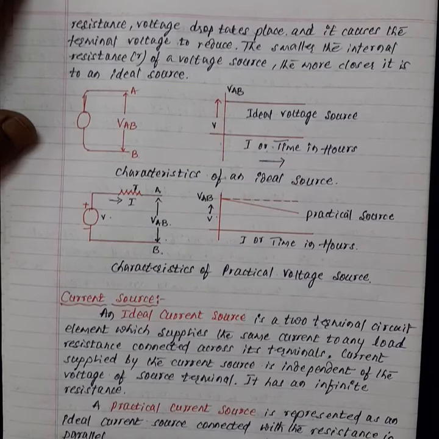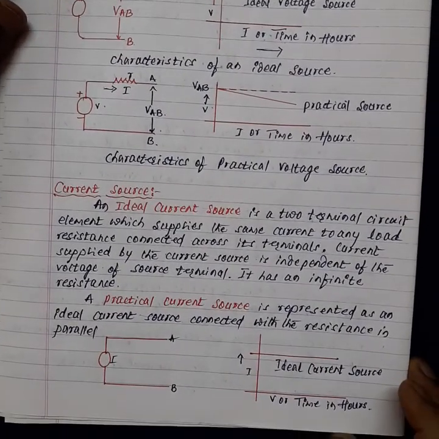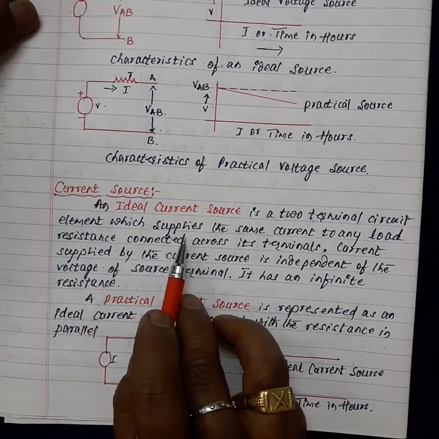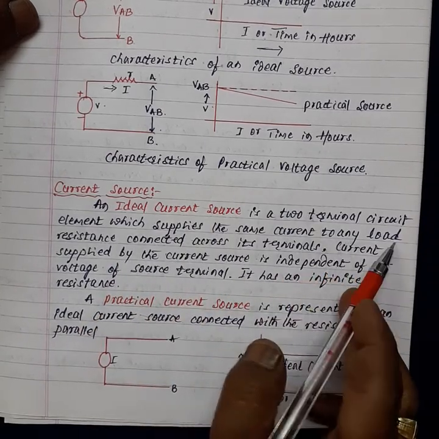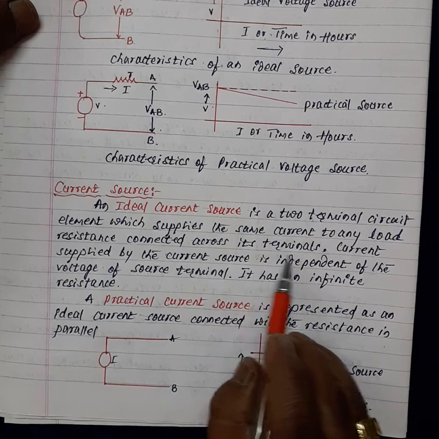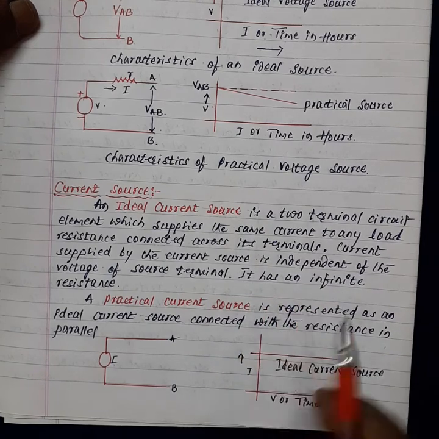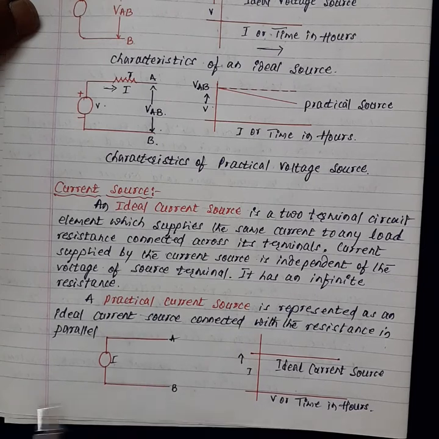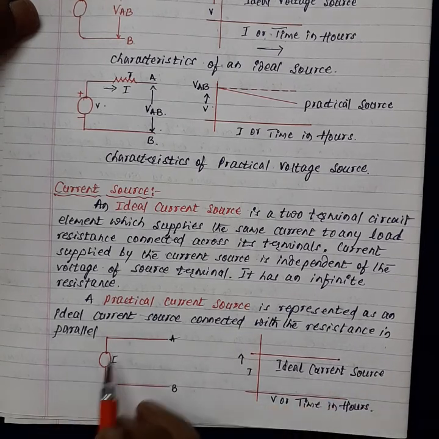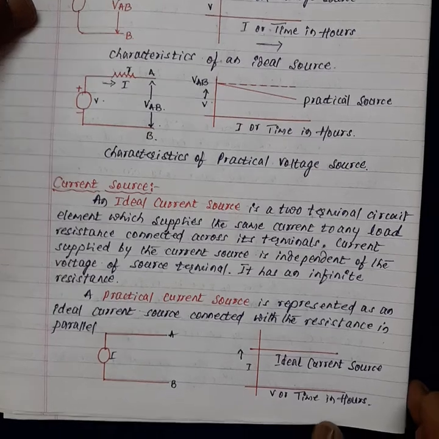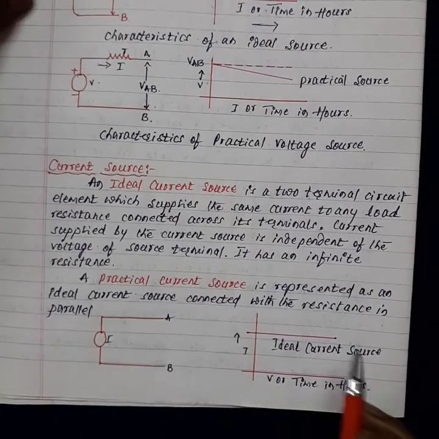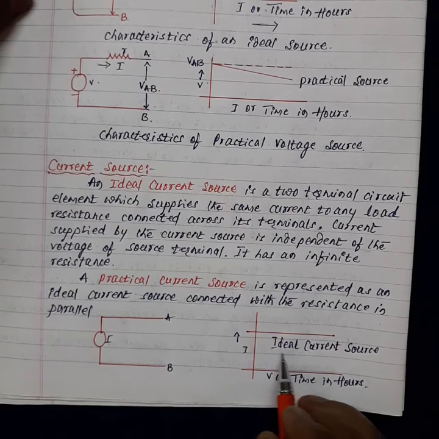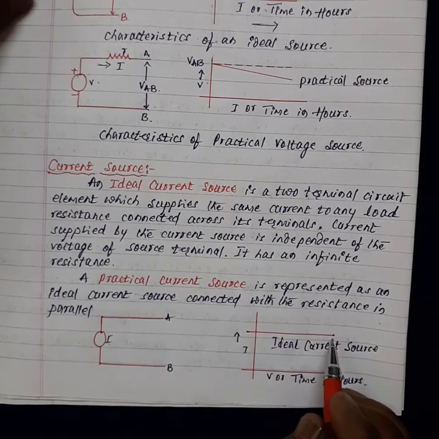In the same way, the current sources. An ideal current source is a two-terminal circuit element which supplies the same current to any load resistance connected across its terminals. A practical current source is represented as an ideal current source connected with a resistance in parallel. In this case you can see the output current is constant for a longer period.